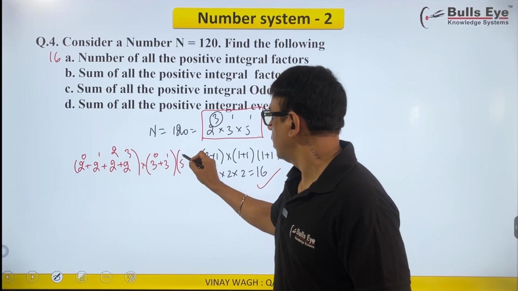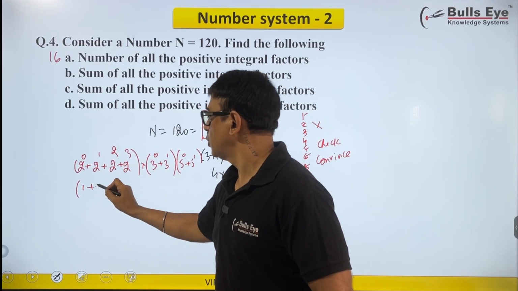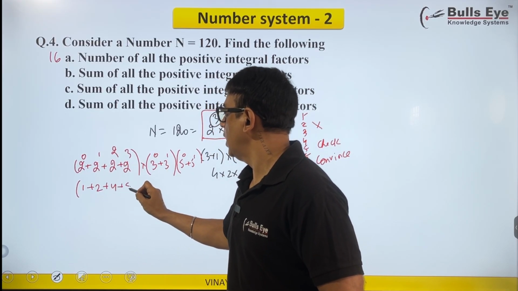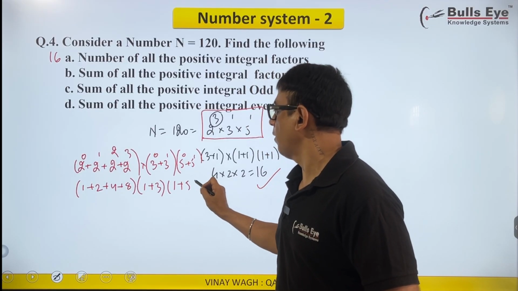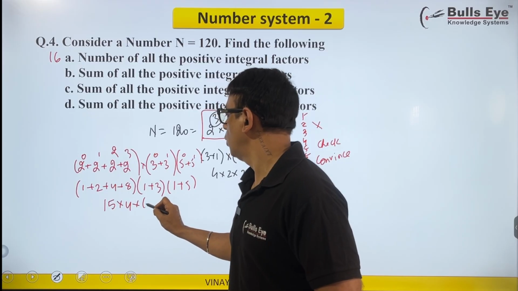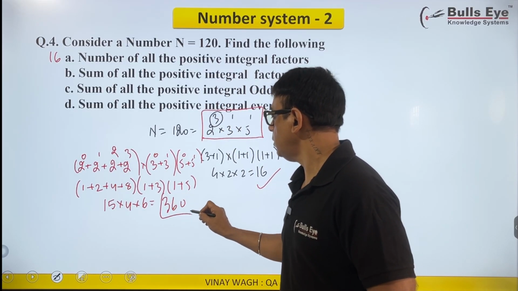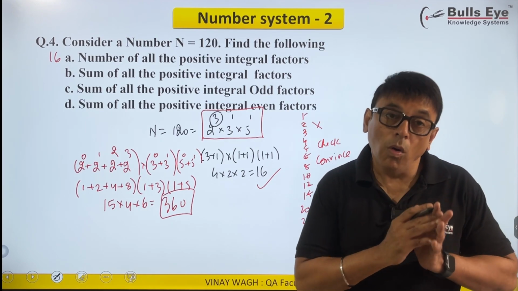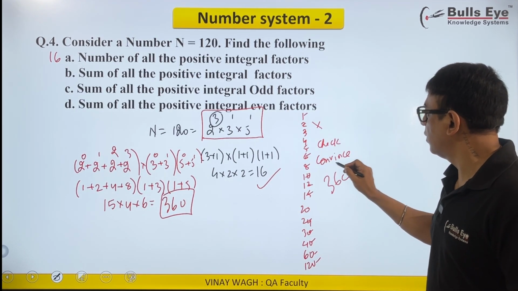In case of 5, it is 5 raised to 0 plus 5 raised to 1. So 1 plus 2 plus 4 plus 8, multiplied by 1 plus 3, multiplied by 1 plus 5. 15 into 4 is 60, into 6 is 360.